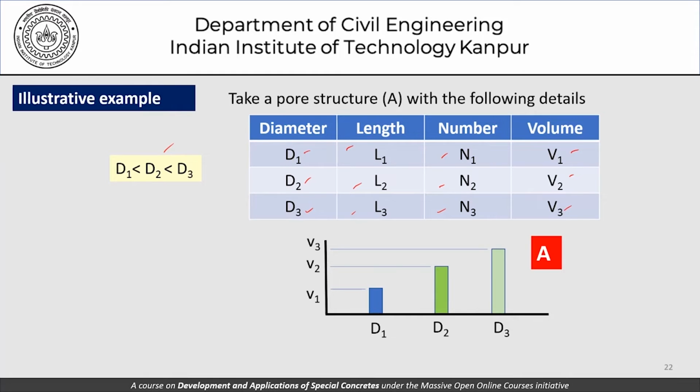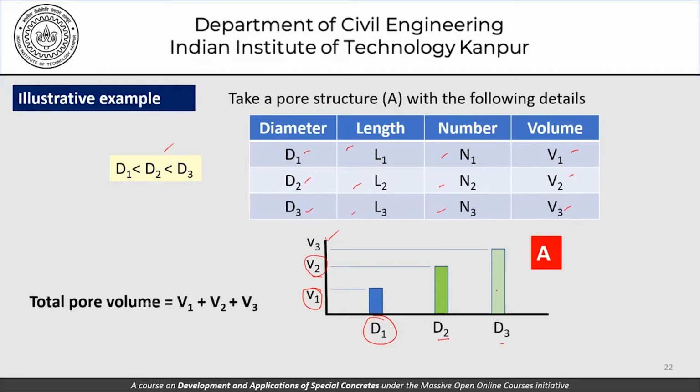That is, the volume associated with pores having an equivalent diameter of D1, the volume associated with pores having a diameter D2, and the volume associated with pores having a diameter D3. The way I've drawn it, D3 has the maximum volume, V3 is larger than V2, which is larger than V1. That's not necessarily true, as we will just see in a discussion subsequently.